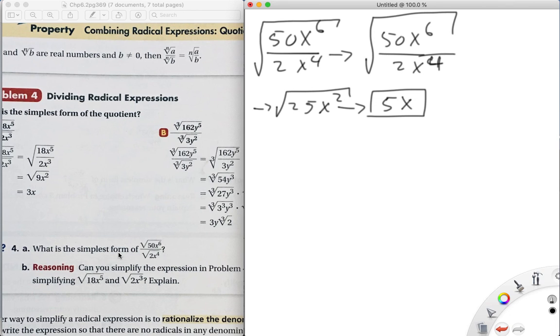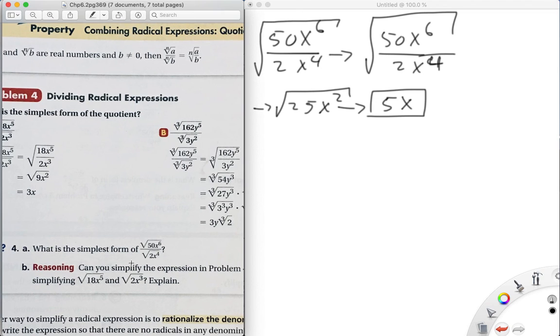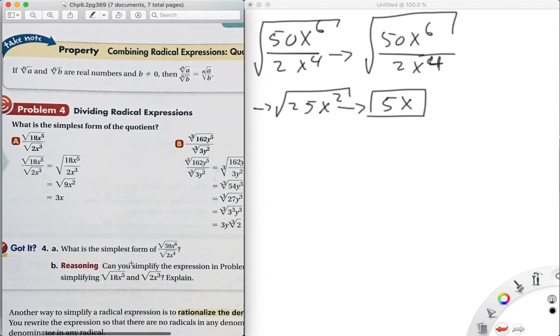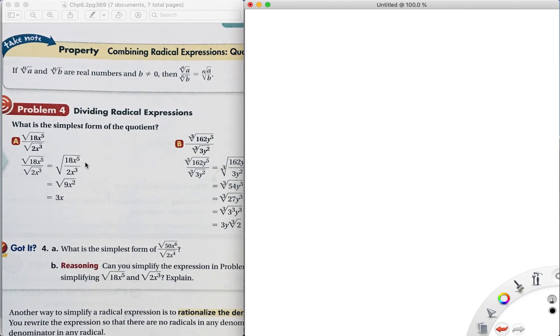So actually I like 4b, and the question that they asked for 4b is, can you simplify the expression in 4a by simplifying them first before you divide it out? And the answer is yes, absolutely. So what does that mean? Well, instead of me doing the division and then square rooting, I can actually simplify it. So if I was to do the square root of 18 x to the 5th, I can actually pull out a 9.